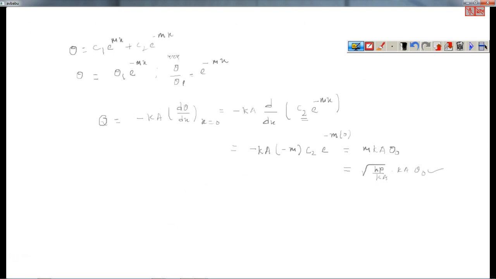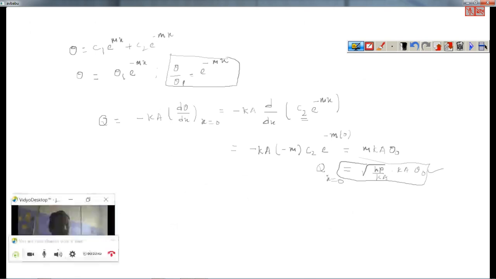This one is also q at x equals 0, q naught. I will try to give a summary of all the equations we have derived, case by case, today, and then I will go to the next topic.